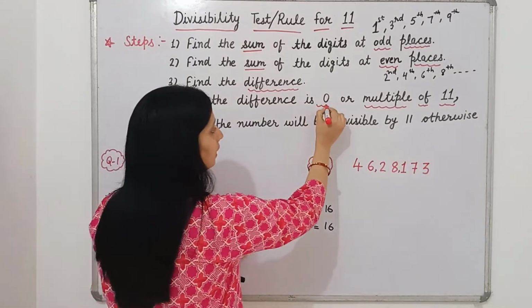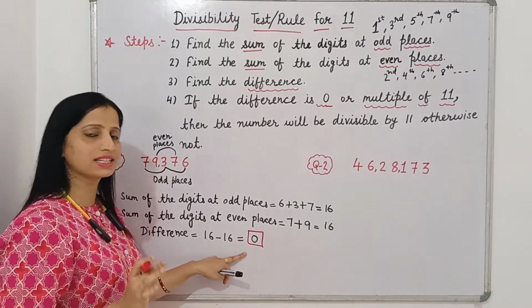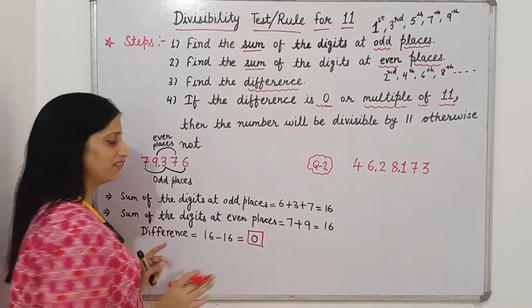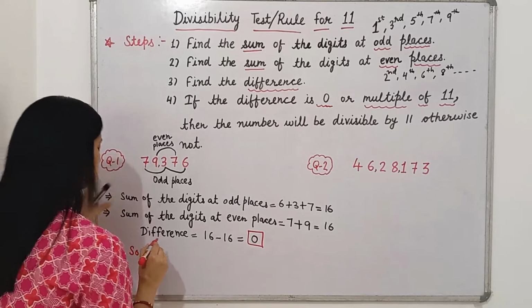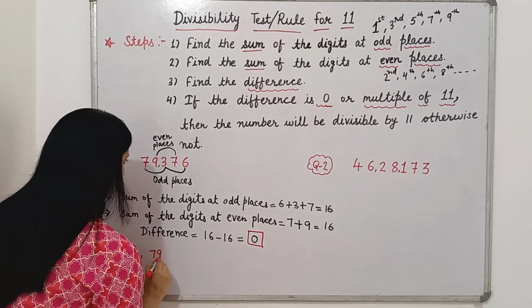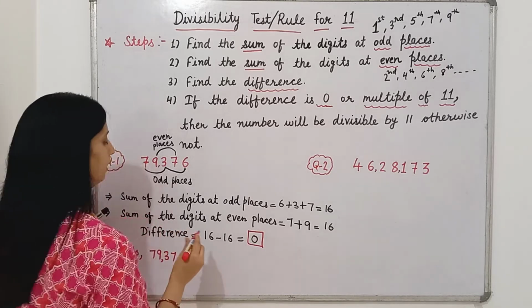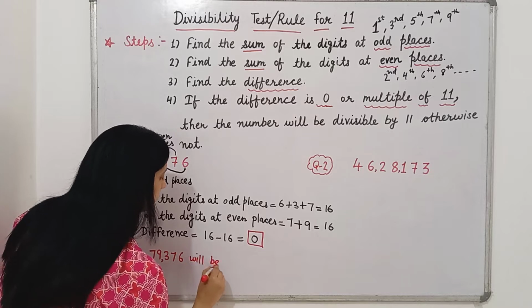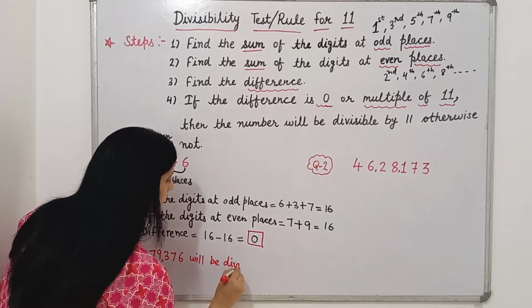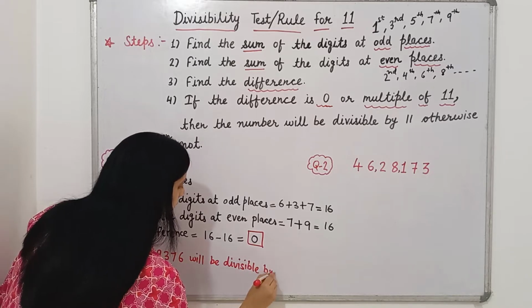So whenever we get 0 or a multiple of 11, in that case our number will be divisible by 11. Hence we can write, this number 79,376 will be divisible by 11.